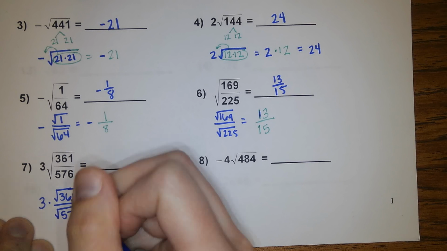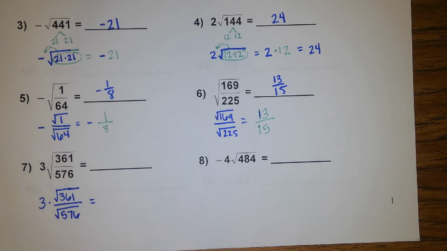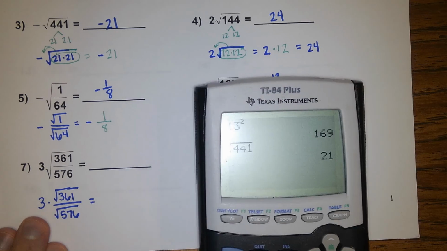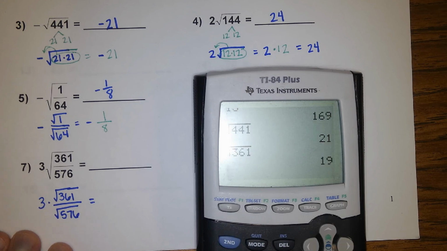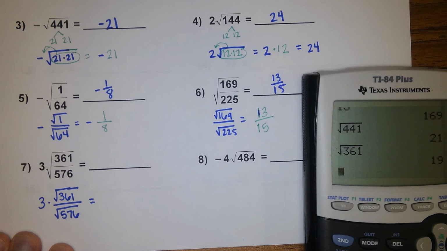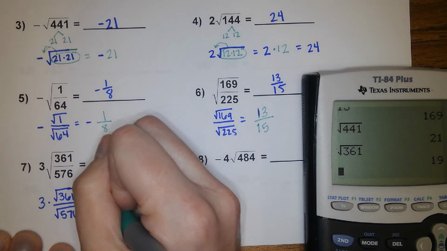All right, now these are not on our chart, and so the very first thing that I would do is I would always see if there's a good square root of this. So I'm going to type in the square root of 361, and we see that that is equal to 19.